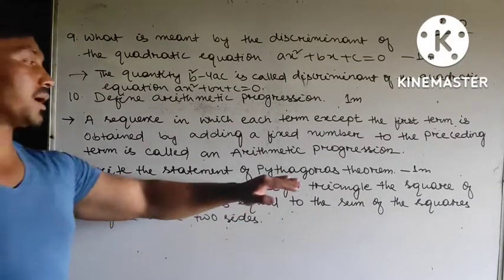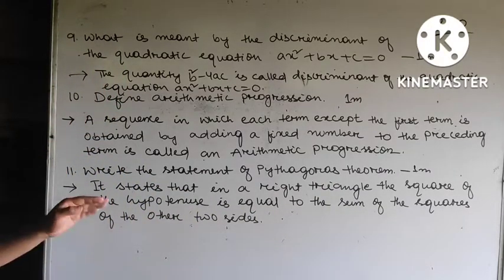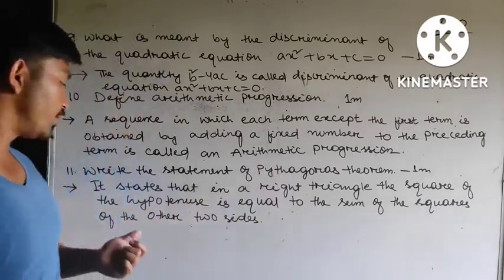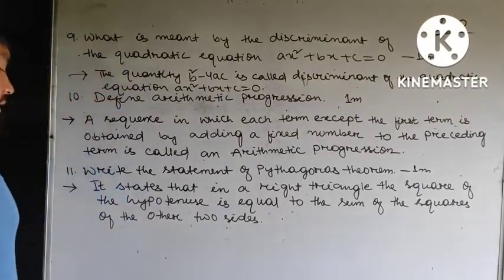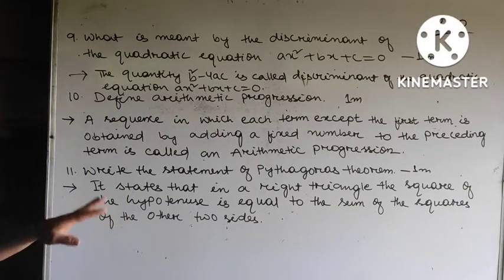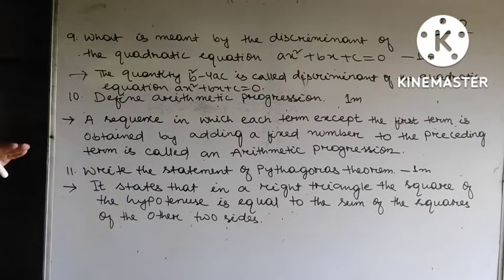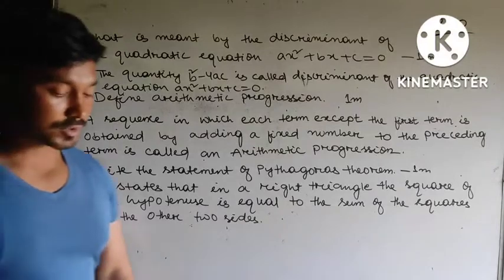It states that in a right triangle, the square of the hypotenuse is equal to the sum of the squares of the other two sides. These were question numbers 9, 10 and 11. So we are left with 2 questions for 1 mark, and we'll do that.